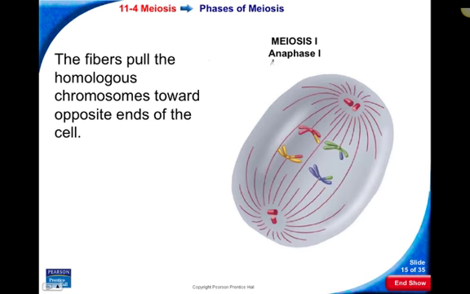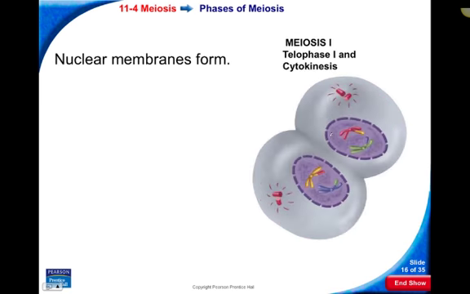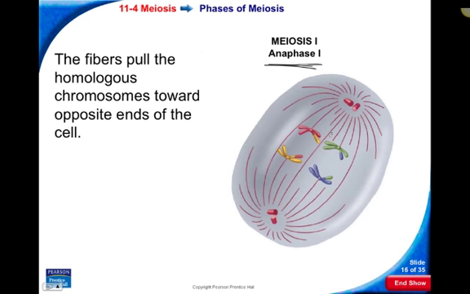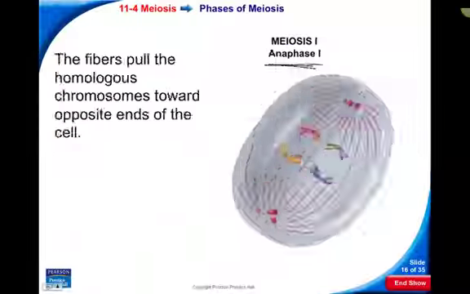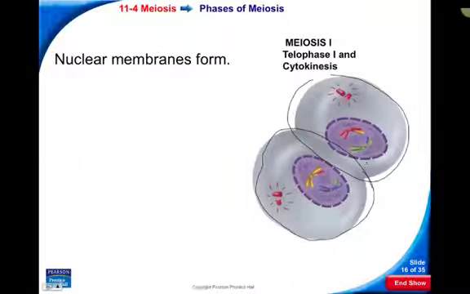Anaphase is when they really get pulled to the poles. Then we have telophase, and this is all extremely similar to mitosis. We have telophase and cytokinesis where we form 2 new cells.